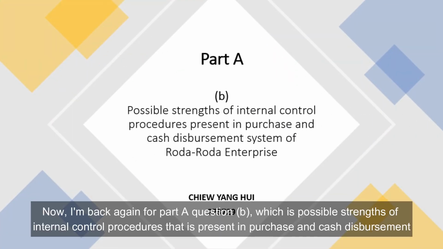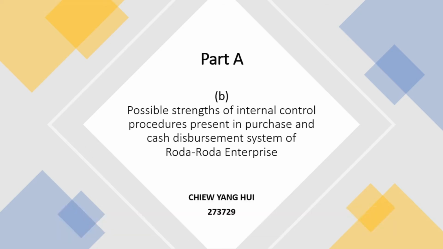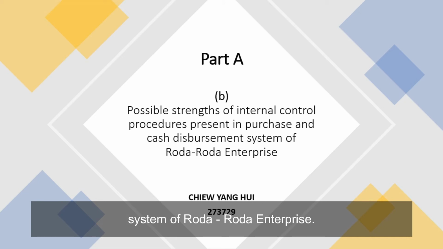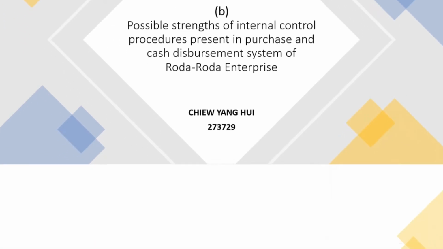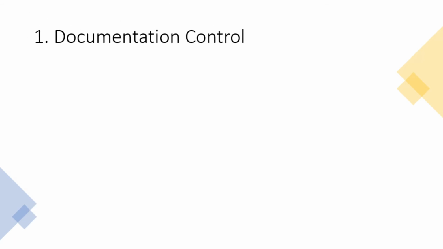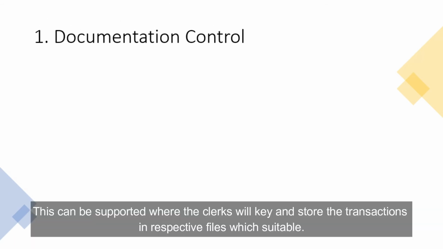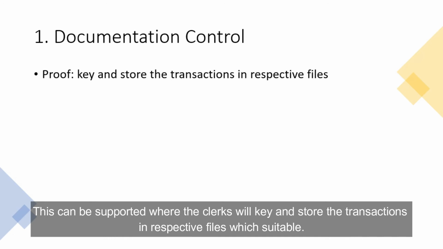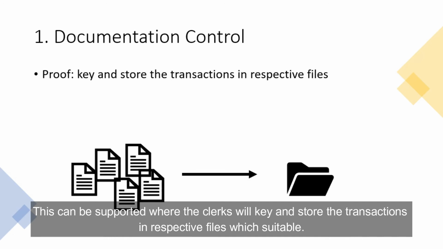Now, I'm back again for part A, question B, which is possible strengths of internal control procedures that is present in purchase and cash disbursement system of Roda-Roda Enterprise. Firstly, documentation control. This can be supported where the clerks will key and store the transactions in respective files which suitable.